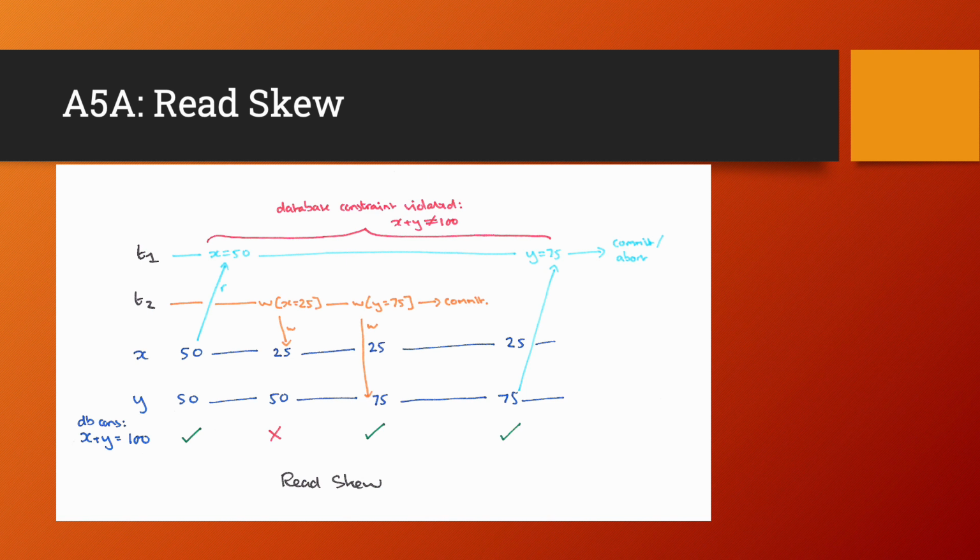Read skew can occur when there are integrity constraints between two or more data items. Consider the constraint X equal to Y equal to 100 and the history shown in the figure. When T1 reads Y, it sees an inconsistent or skewed state and may therefore generate an inconsistent state as output.